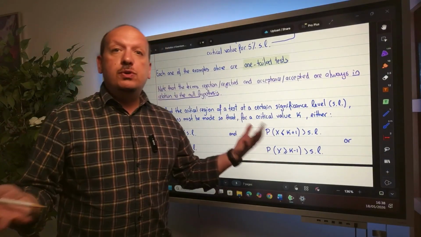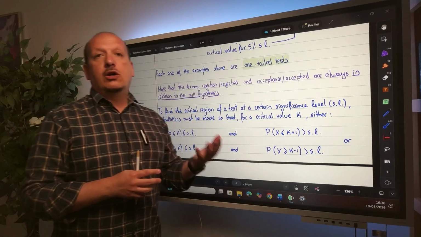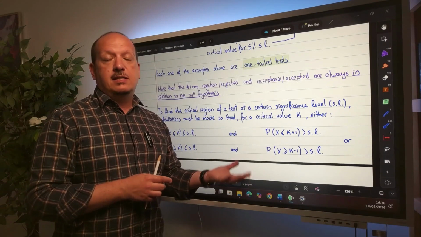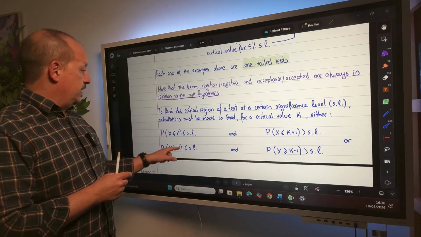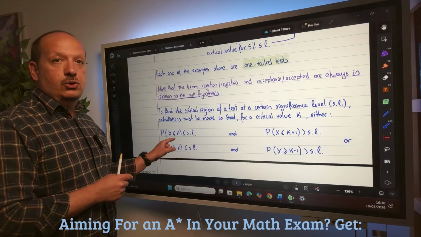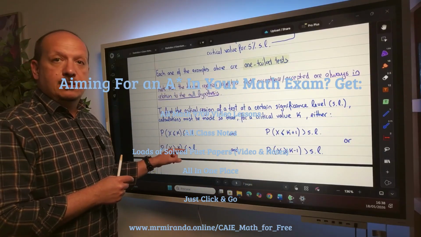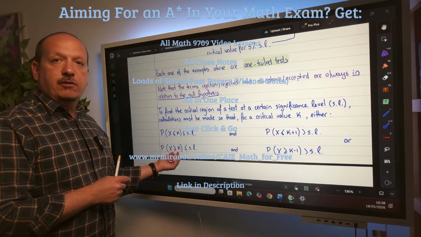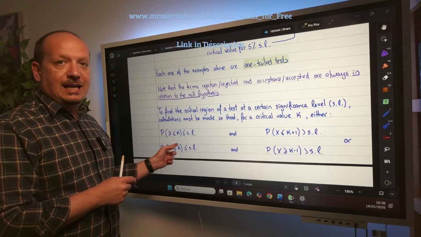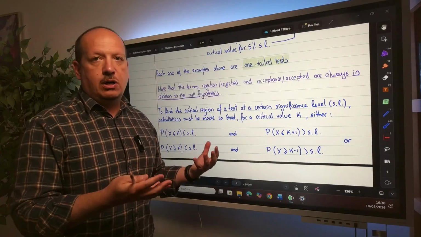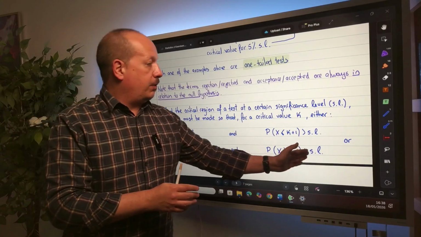Why smaller or equal, and bigger? Because, as we saw in the previous lesson, this is what decides whether you accept the null hypothesis or reject it. If the probability is smaller than the significance level, you reject the null hypothesis. If it is bigger, you accept it. That's the relevance of the value of k. You are figuring out the last value of the test that separates one thing from the other.